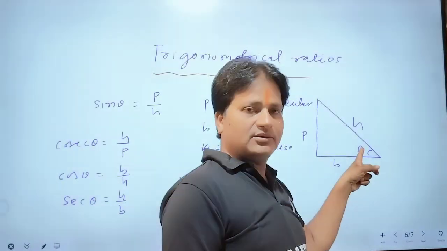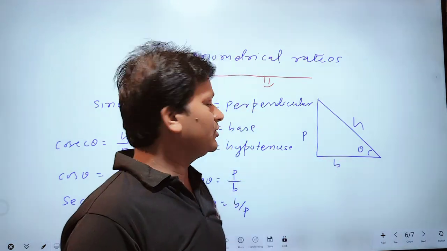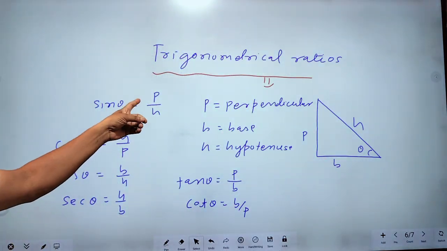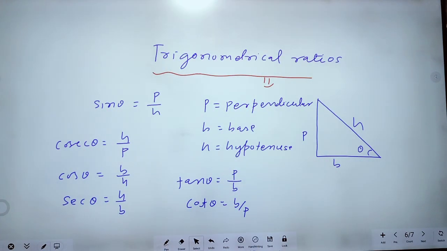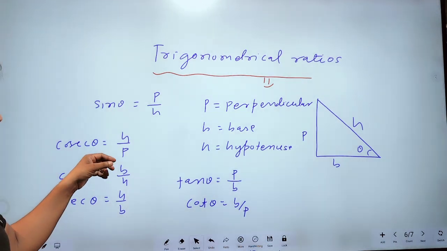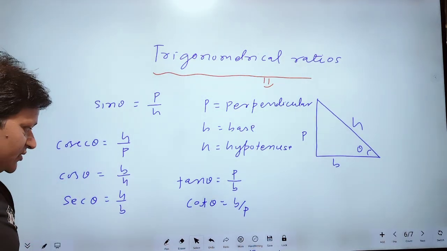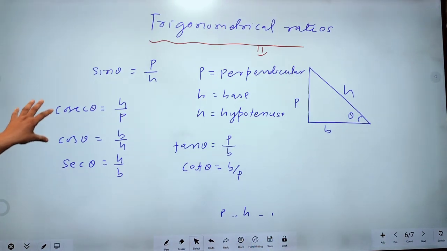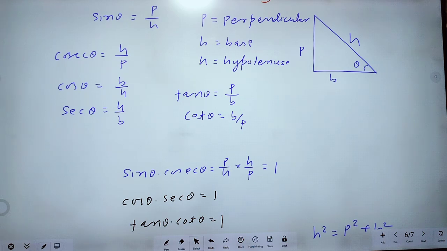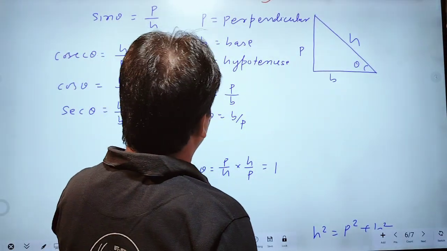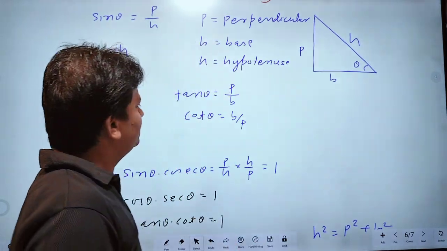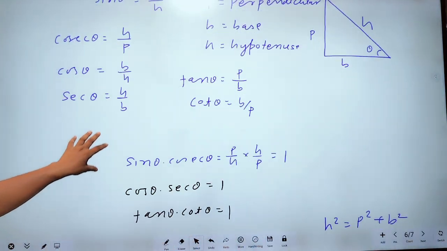Opposite of the angle will be perpendicular. Okay? Sin theta will be equal to perpendicular upon hypotenuse. Cosec theta will be equal to hypotenuse upon perpendicular. Cos theta is equal to base upon hypotenuse. Sec theta is equal to hypotenuse upon base. Tan theta is equal to perpendicular upon base. Cot theta is equal to base upon perpendicular.